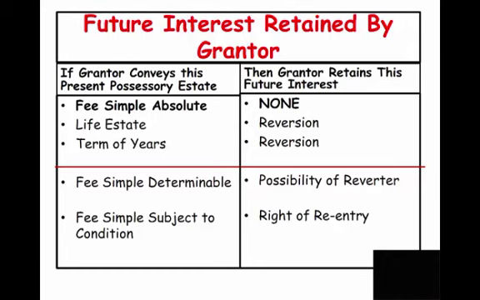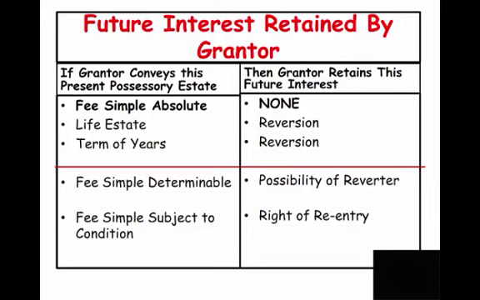Whether it's a possibility of reverter, which is an automatic transfer that follows a fee simple determinable, or a right of reentry, which is the option to retake the property that follows a fee simple subject to condition, either of those estates become possessory by eliminating the prior holder's interest in the land. Terminology, but if you get the words right, it will really help you sort out the options.